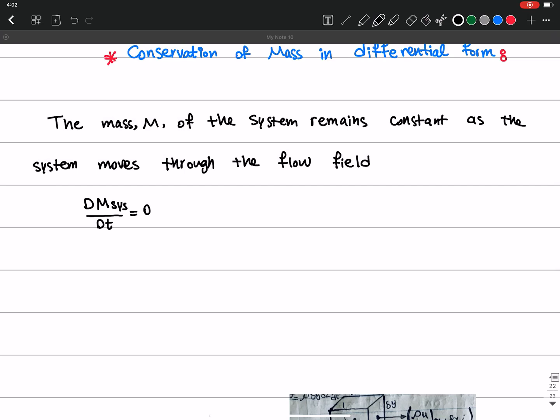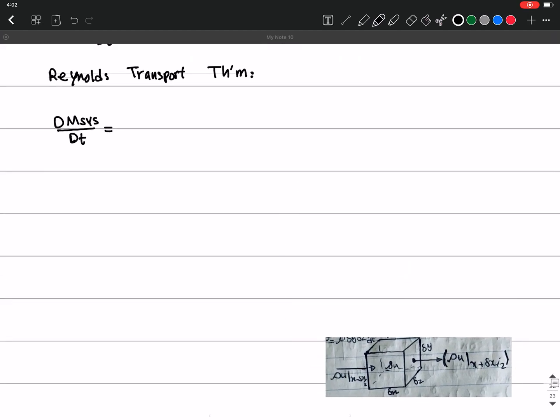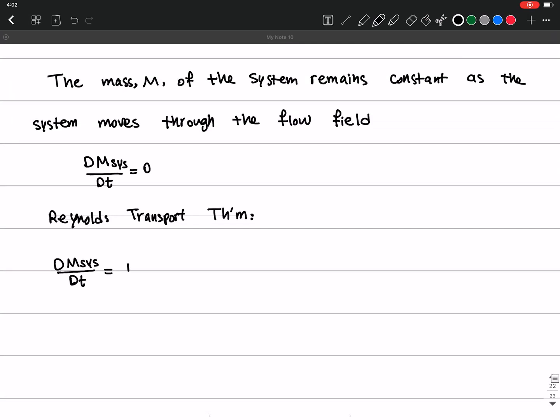So these are just some reminders from previous chapters. If we use Reynolds transport theorem, dm_system over dt equals, instead of the total mass, I can divide it into small elements and write this as the integral of these small masses over dt, and then instead of dm I can write it as rho dV, right?